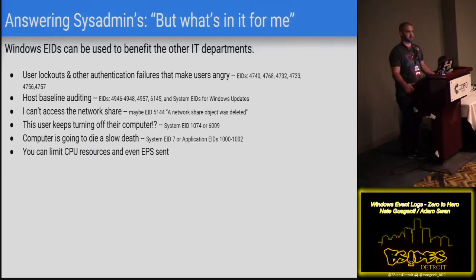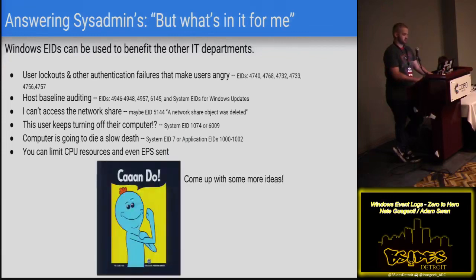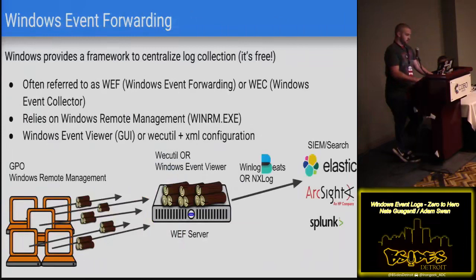If a user keeps turning off the computer, they're probably having issues, and you want to give them a call. The computer's going to die; it's throwing errors. If they ask, what about the resources this is going to take up on my network? You can limit the CPU and even the events per second that are sent, and then, again, come up with some of your own ideas.